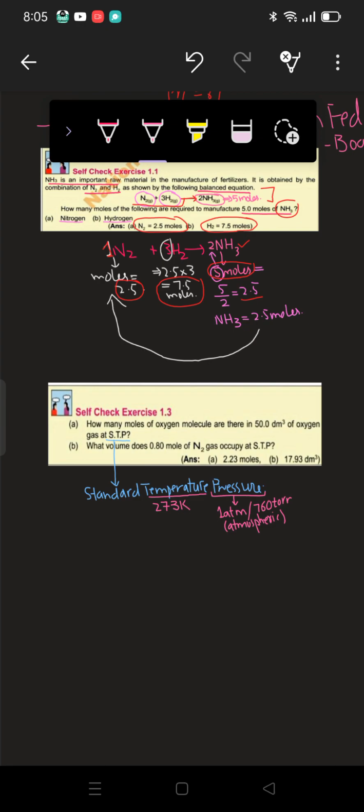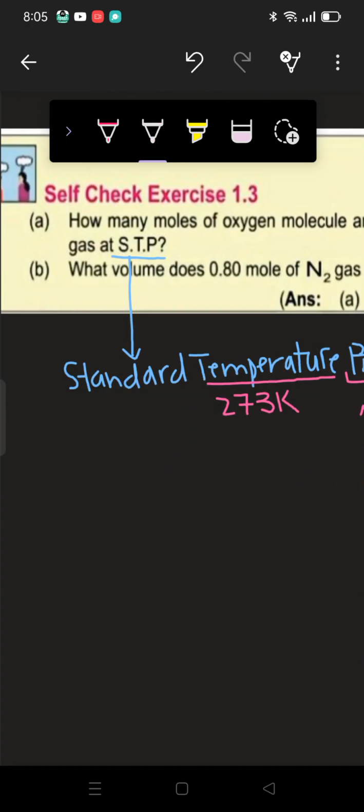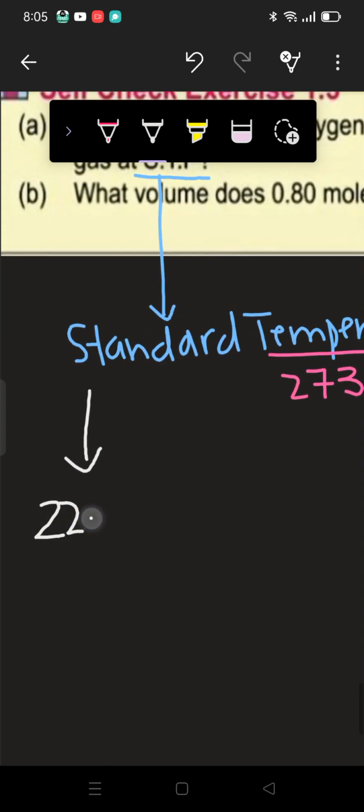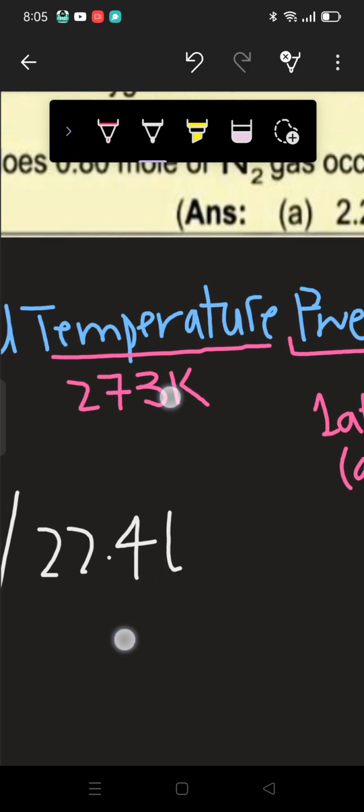At STP, the molar volume of any gas is 22.4 decimeter cube, or 22.4 liter.